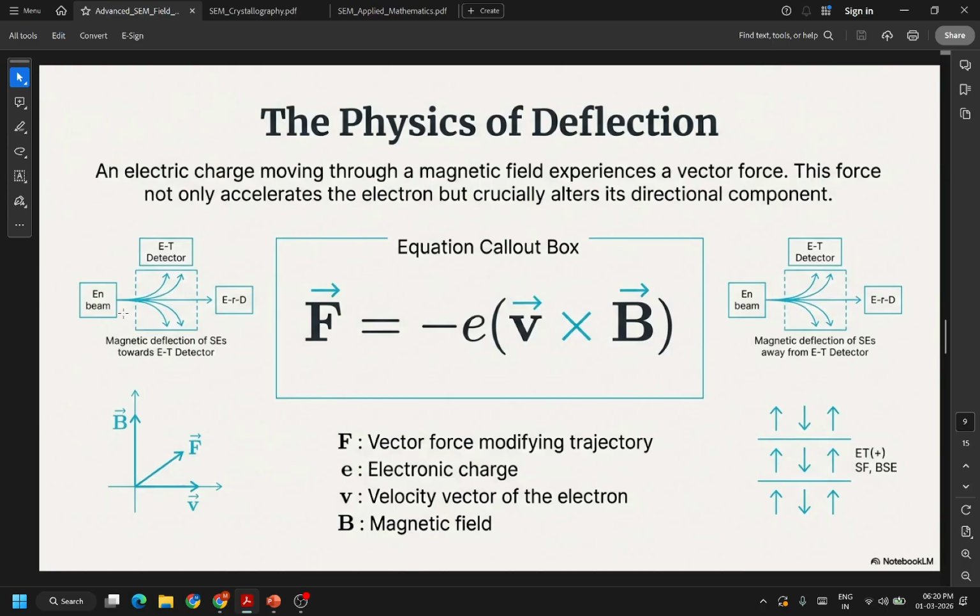So what can happen is, electrons coming out of your sample, if they experience a magnetic field, can be deflected towards or away from the detectors, and that will give you a contrast in your detection image.